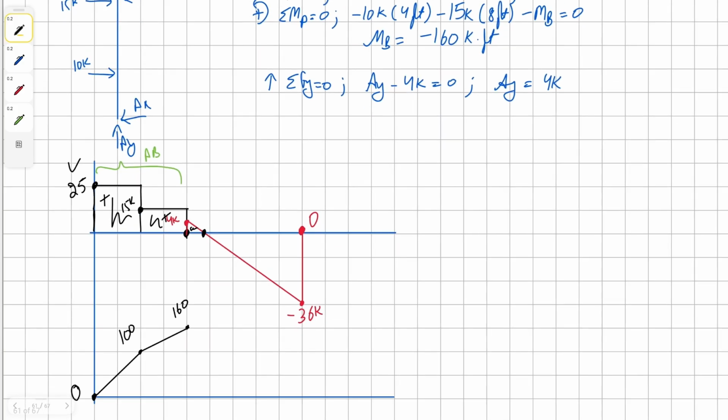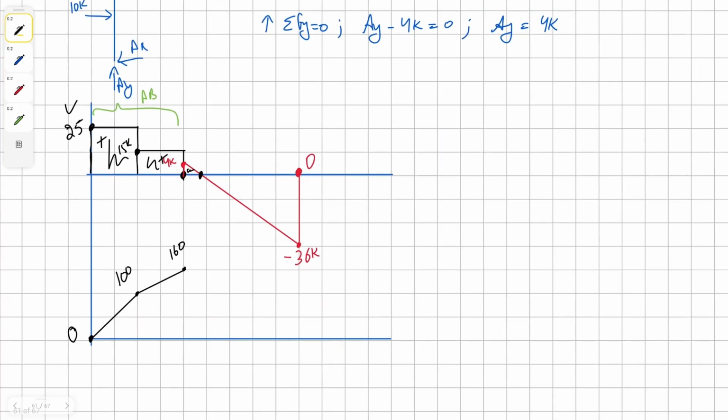So our area under this curve is going to be 4 times 1, which is 4. So our maximum point for the moment curve is going to be this area with 164.